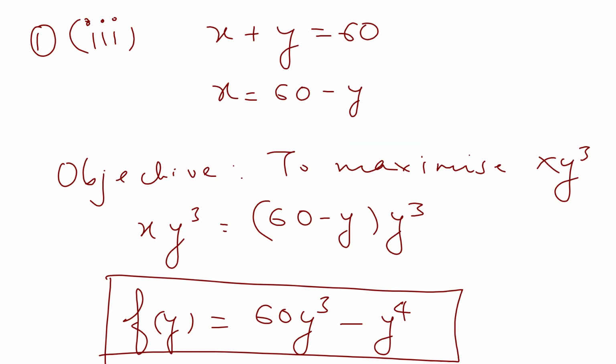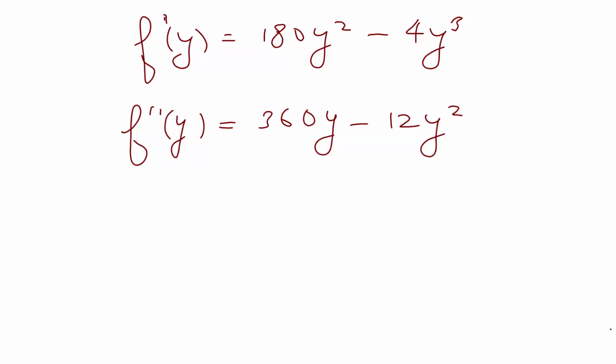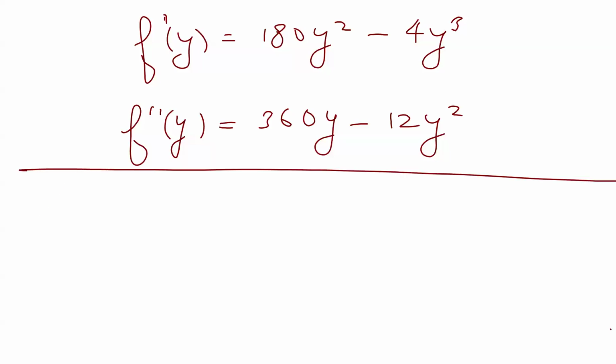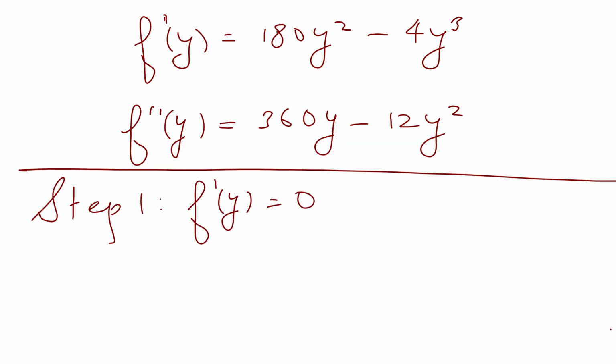Yes or no? Okay, then calculate f dash y, f double dash y. Step number 1, f dash y equal to 0. So 180y square minus 4y cube equal to 0.